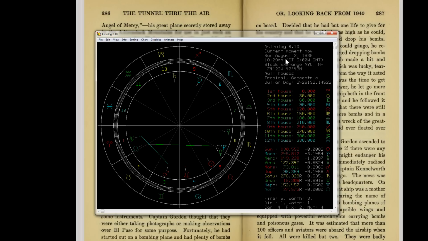Now, we see that on August 3rd, Jupiter was at a certain place right here, and it was below 0 degrees latitude, and it was moving towards its north node.